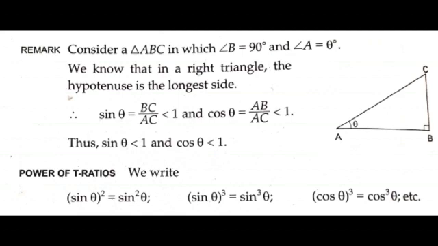It is very important, please pay attention here. Sin theta whole square is written as sin square theta, so don't get confused. Sin theta whole cube can be written as sin cube theta. In the same way, cos theta whole cube can be written as cos cube theta, and like in the same way.